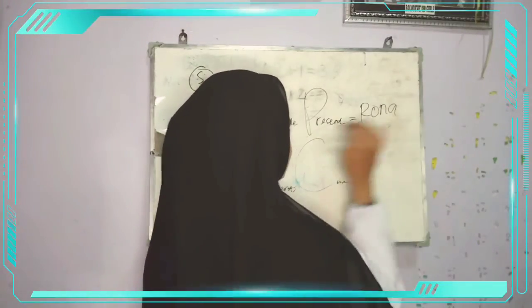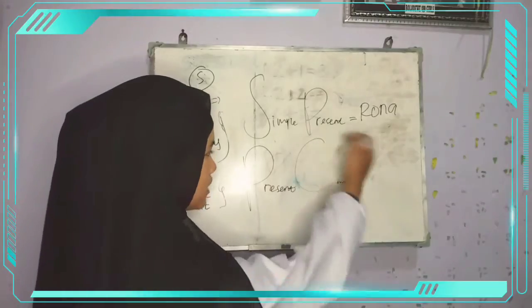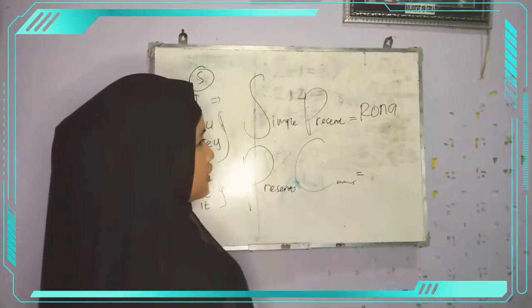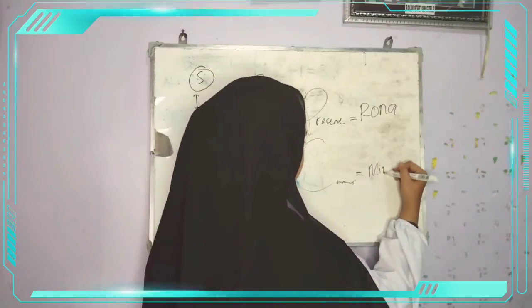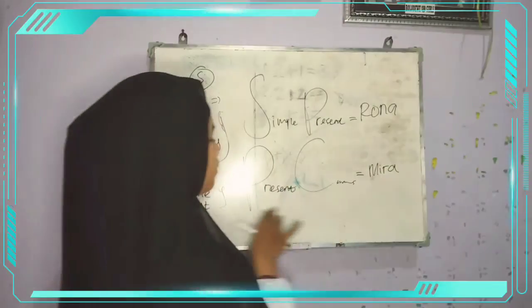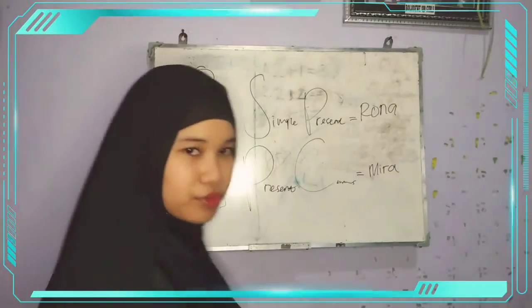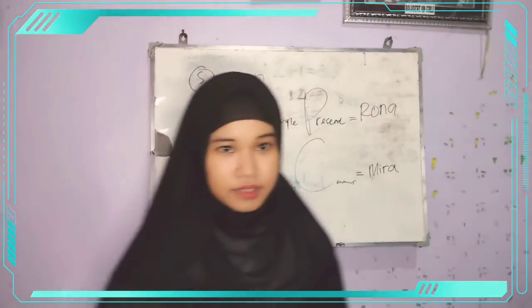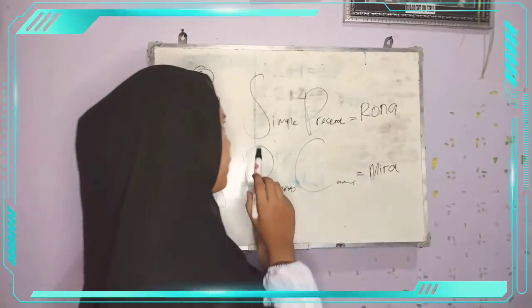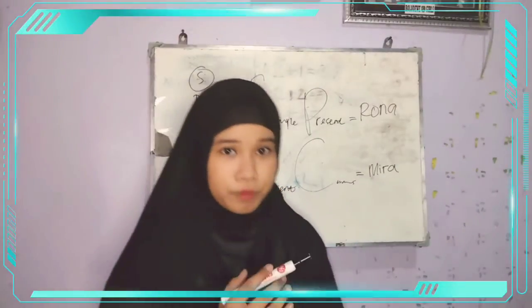Rona, give an example about simple present, and then Mira, give an example about present continuous. For your text, it's okay. Alright. For the first one, simple present, for the pattern: positive, negative, and interrogative. Okay, let's see.